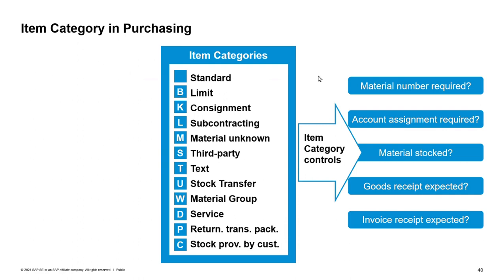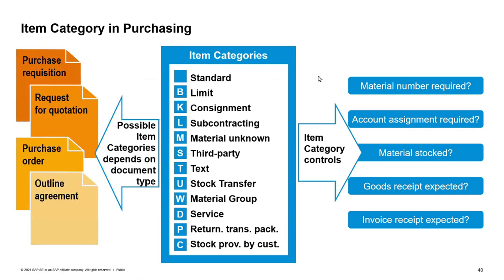It is obligatory and it's on item level. In other words, item category indicates the business case scenario, and it will determine which process you are doing. Item categories are used in purchase requisition, request for quotation, purchasing contract, scheduling agreement, and purchase order.